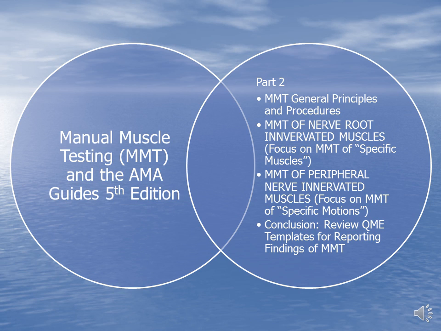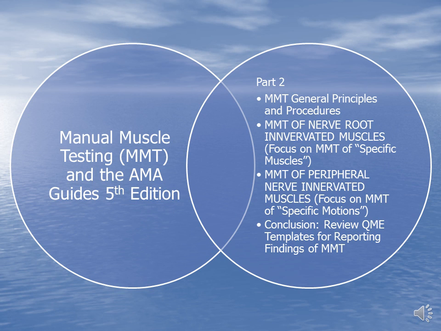And you'll note that when we get to that portion of the program, manual muscle testing of nerve root innervated muscles focuses on testing of specific muscles. For example, we're going to be talking about the deltoid muscle and the bicep muscle and the extensor carpi radialis muscle and all these specific muscles, whereas later on when we get into manual muscle testing of peripheral nerve innervated muscles, we don't so much focus on specific muscles as we do focus on specific motions.